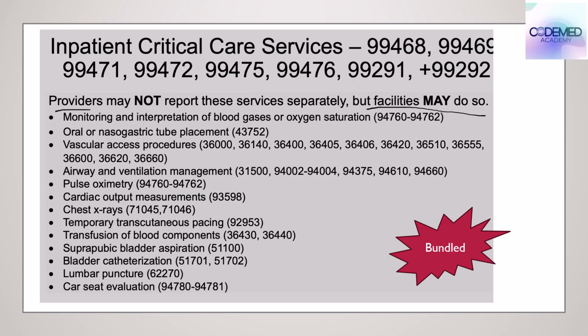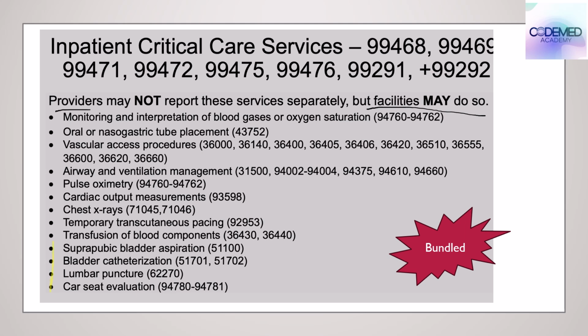Now, like the outpatient critical care code, the inpatient critical care code also has certain services which are bundled in. And if you see, most of the services are the same except the last four: suprapubic bladder aspiration, bladder catheterization.